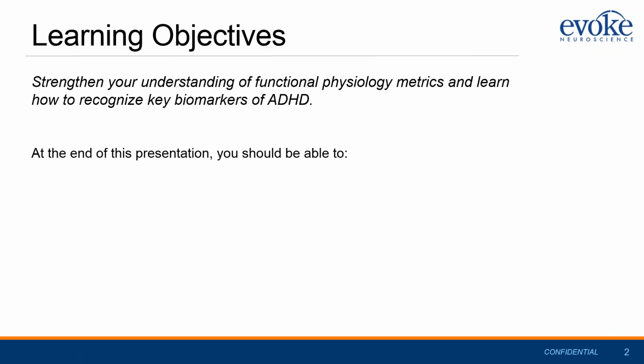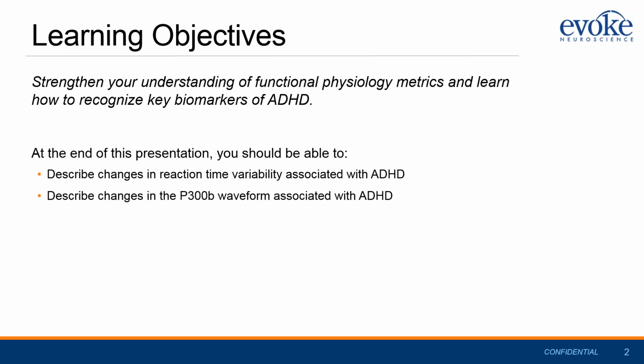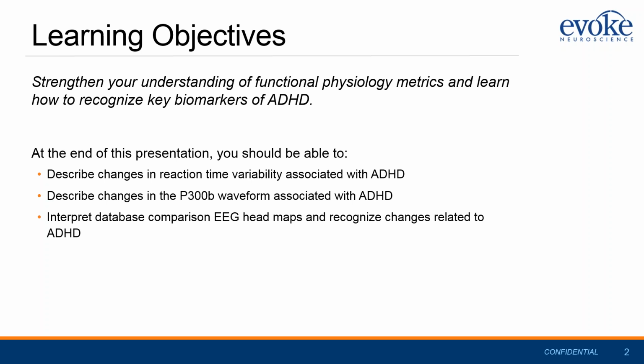At the end of this presentation, hopefully you'll be able to describe changes in reaction time variability associated with ADHD. That's a new biomarker we'll be talking about today. Describe changes in the P300B waveform associated with ADHD. If you've attended our webinars in the past, you should be a little familiar with P300B, but we'll go ahead and review it again for you today.